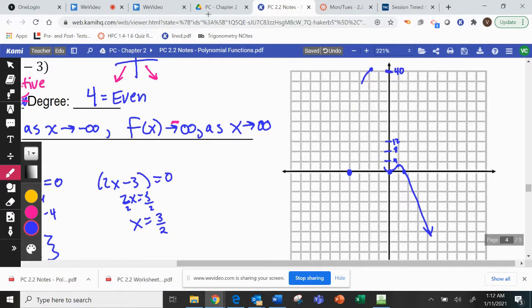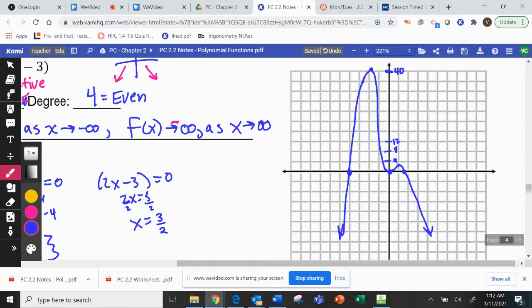I'm going to redo that real fast. Still not 100% accurate. That was a little bit better. Okay, so that's approximately what our graph would look like.